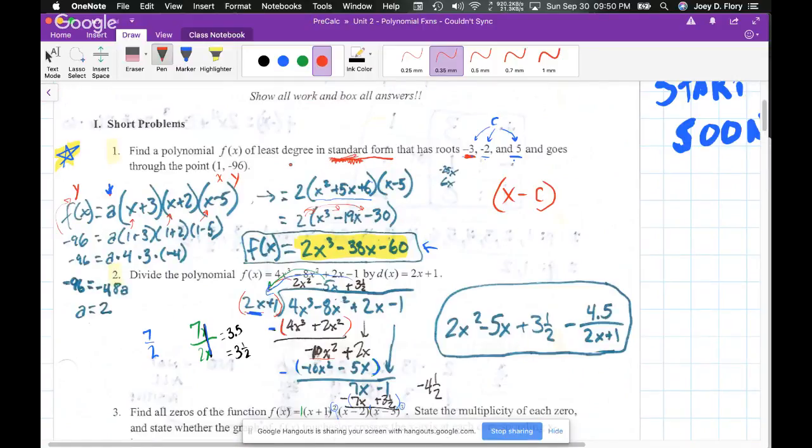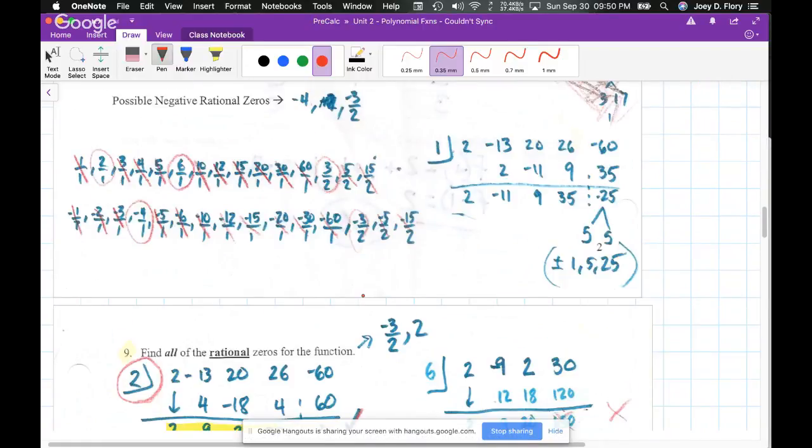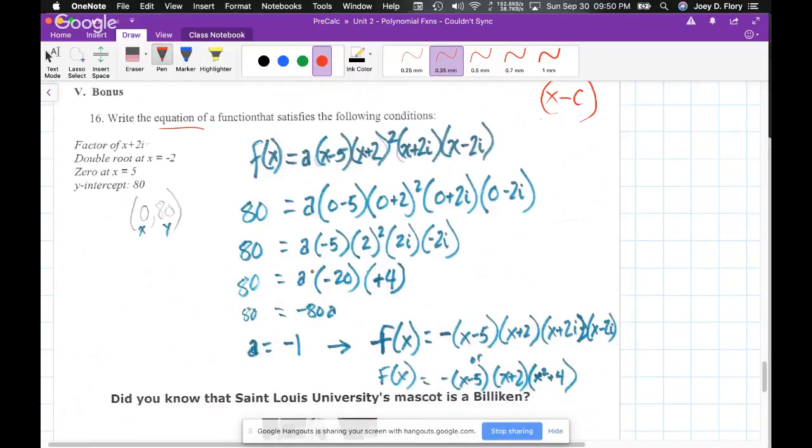Number 1, where we were given that extra point, and after we found all our factors, we plugged that point into x and y and solved for a. So same deal with this one. Look out. Plug in that 0, 80, that y-intercept to find your a value, which is going to be a -1. And make sure you include that -1.